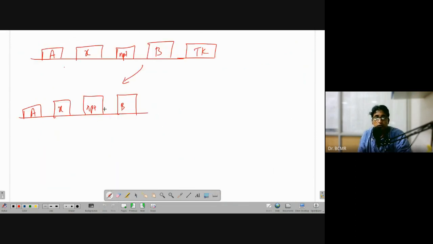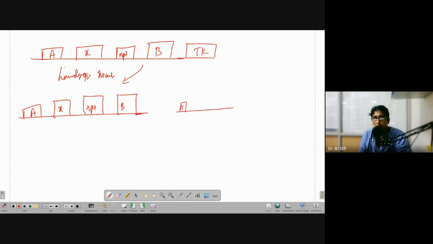So if it is through homologous recombination, if incorporation has happened, then thymidine kinase does not get integrated.